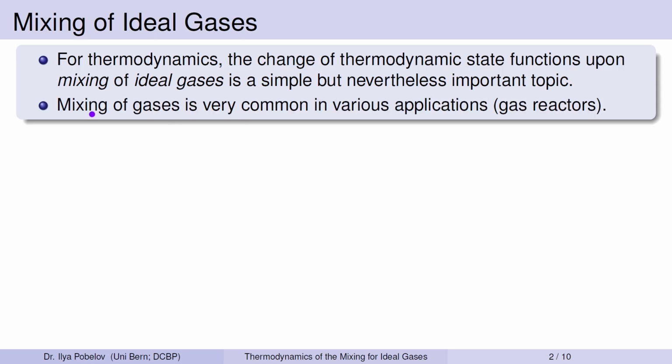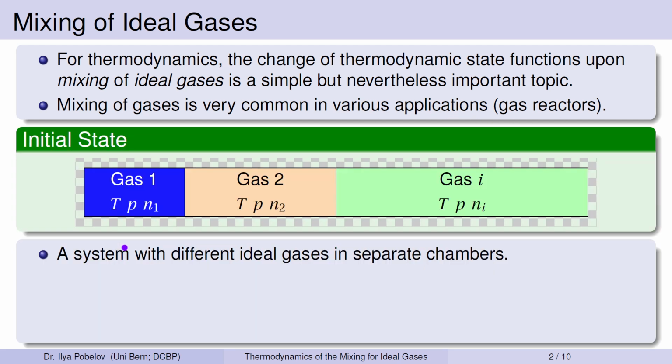Mixing of gases is very common in everyday life and in various practical applications, such as in gas reactors. We start our thermodynamic analysis by considering a system with different ideal gases in separate chambers.